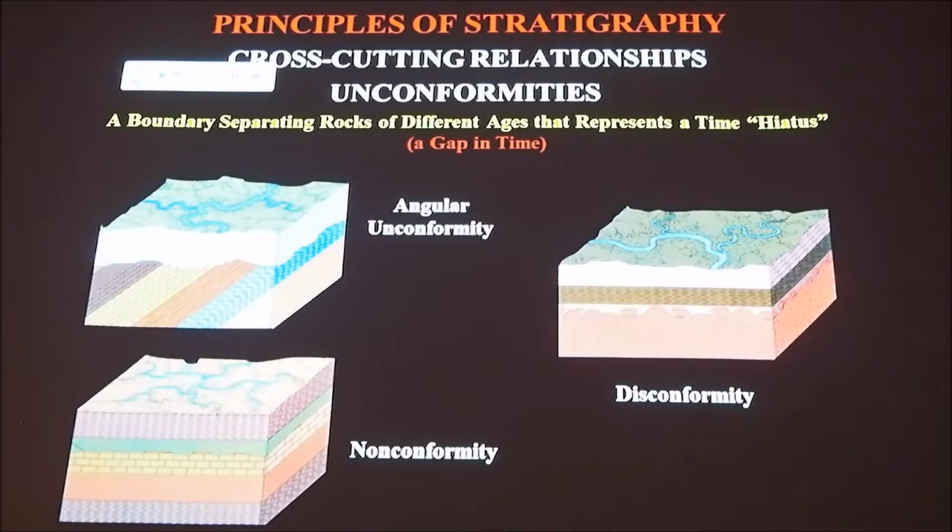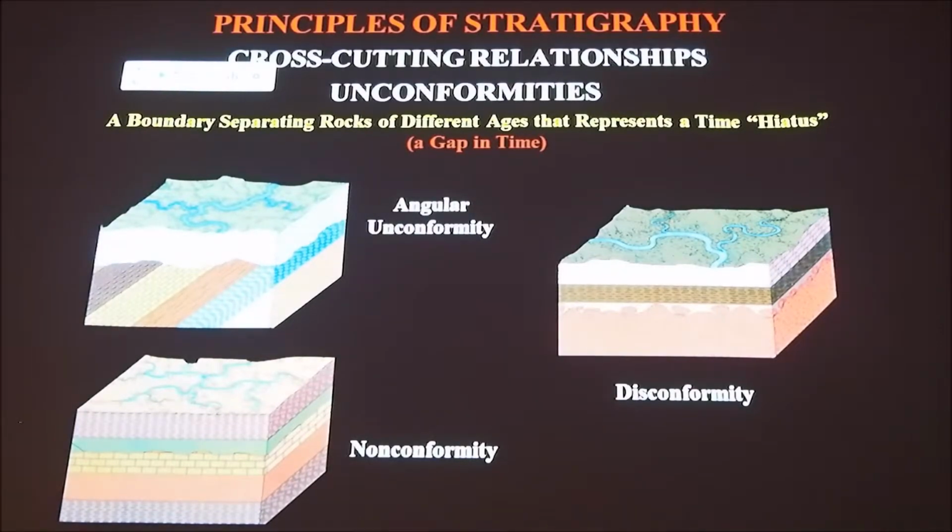It's often been said that there's probably more rock missing on Earth than there is present. The idea is that rock can be eroded away, and the surface that's left is what we call an unconformity. If it's conformable, if it conforms, everything marches along just the way it should, layer by layer.